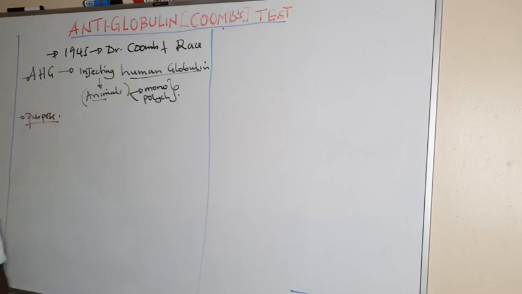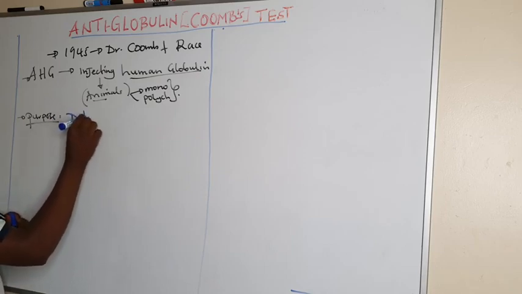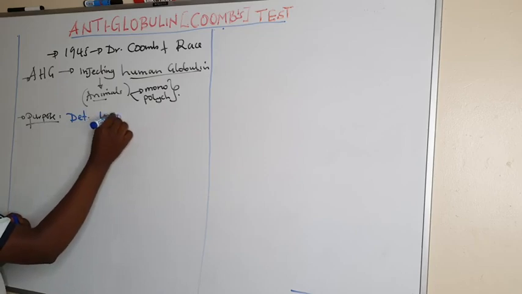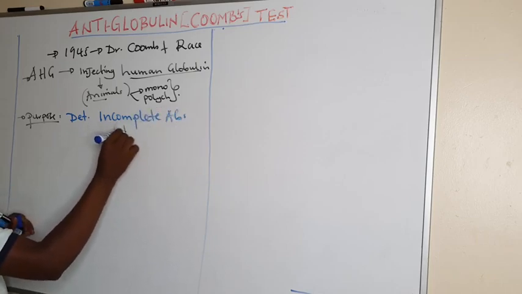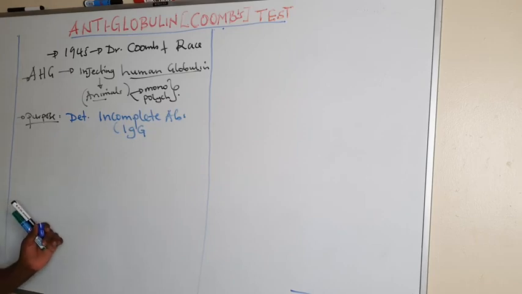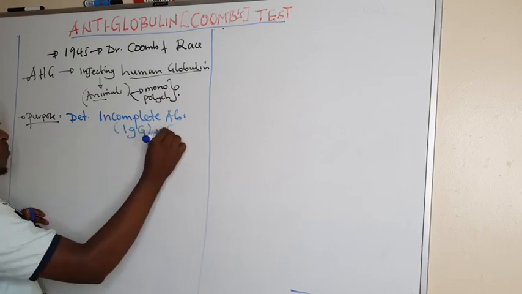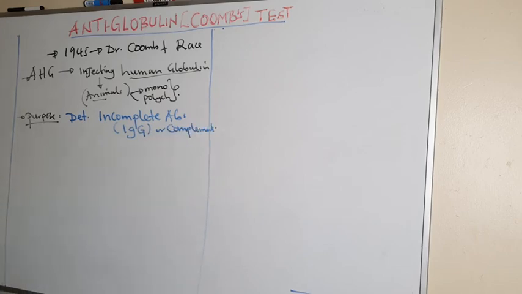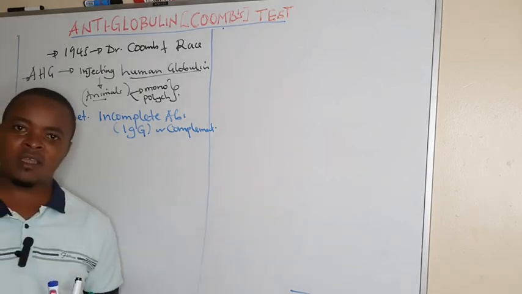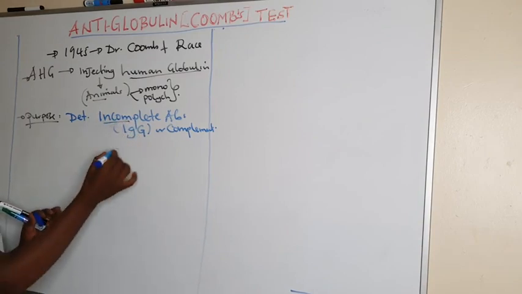The purpose of Coombs reagent, or the anti-human globulin test, is to detect incomplete antibodies, especially the IgG type, that is immunoglobulin gamma, or to detect complement. We call these incomplete antibodies, the IgG antibodies, incomplete because they do not cause visible clumping.